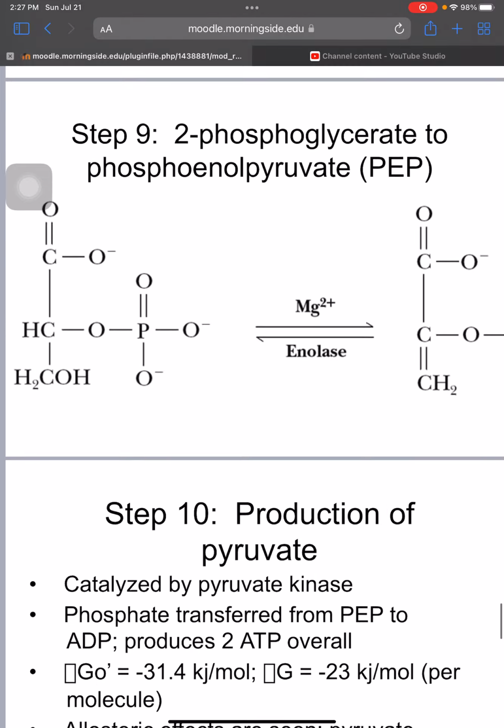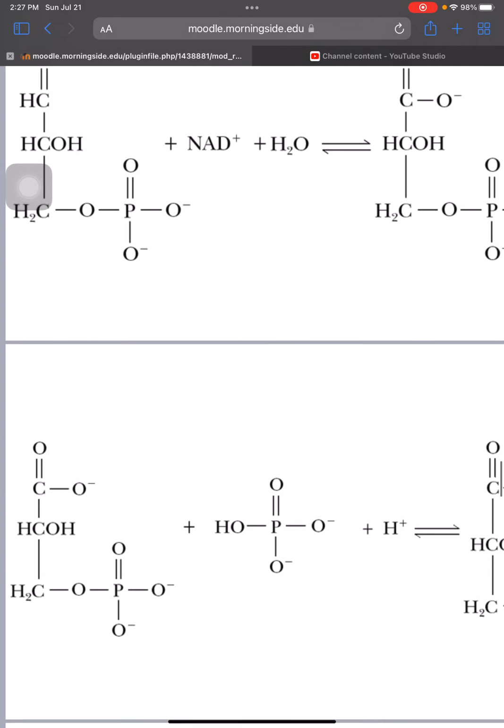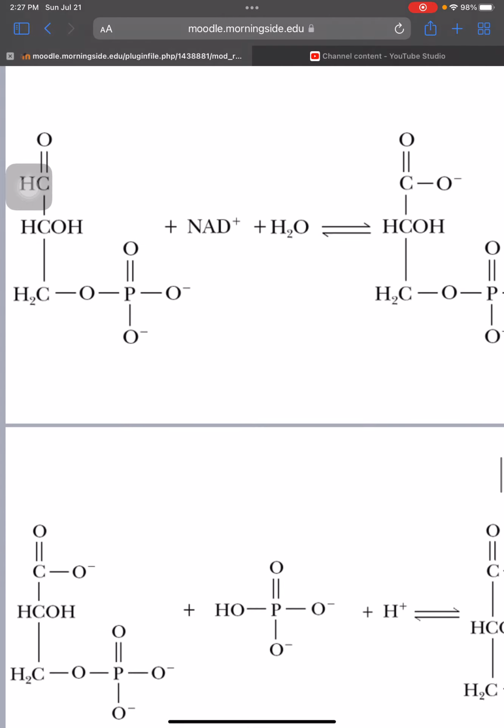Going back, step 7 produced 2 ATPs. That's 4. Going back into phase 1, we used 1 ATP in step 3 and 1 ATP in step 1.